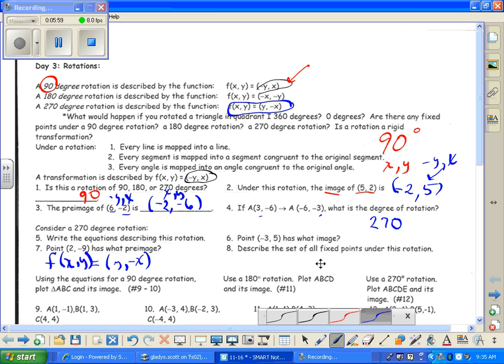And number 8, describe the set of all fixed points under this rotation. All fixed points are (0, 0).